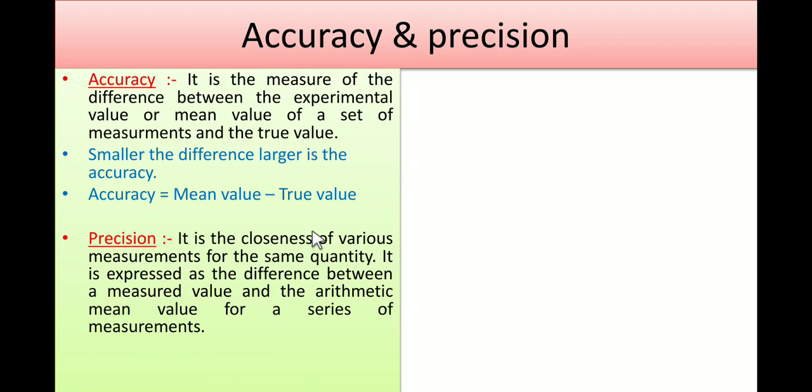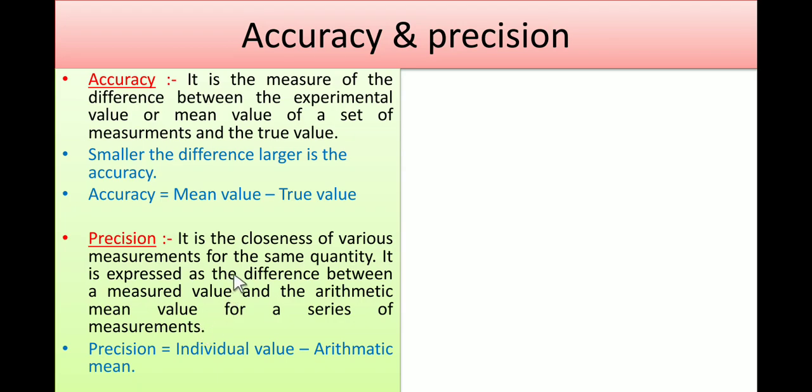Now we see precision. Precision is the closeness of various measurements for the same quantity. It is expressed as the difference between the measured value and the arithmetic mean value for a series of experiments.